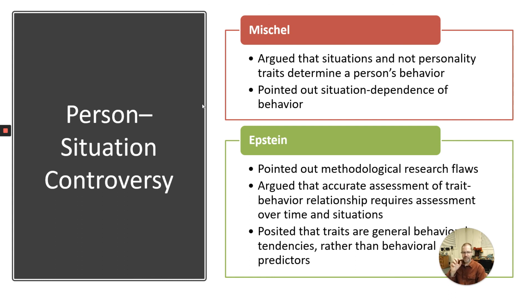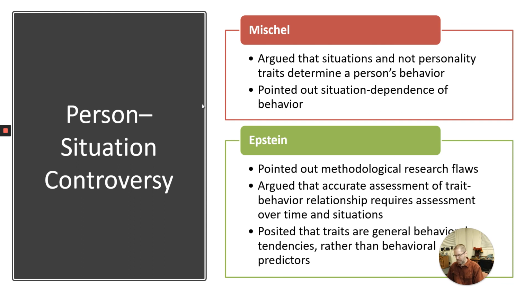So he pointed out the situation dependence of behavior. This is Mischel's thing. Epstein, on the other hand, Robert Epstein, he pointed out methodological research flaws, and he argued that accurate assessment of trait behavior relationship requires assessment over time and situations.